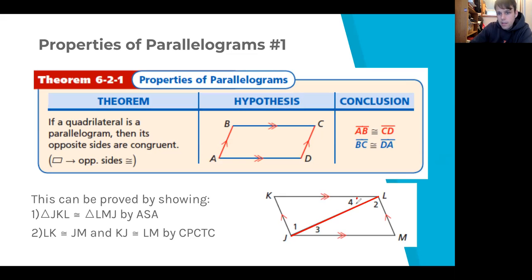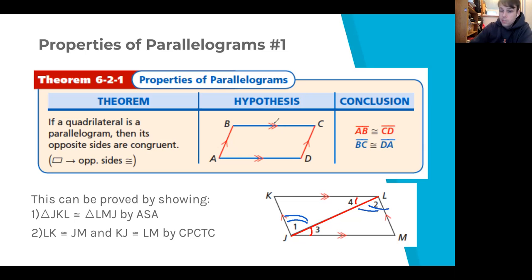Angle 4 and angle 3 would be congruent because they are alternate interior angles. They're between parallel lines and on different sides of a transversal, which is this diagonal that we drew. And it's also true that 1 and 2 are congruent for the same reason. They are between parallel lines, LM and JK, and they are on different sides of the same transversal.